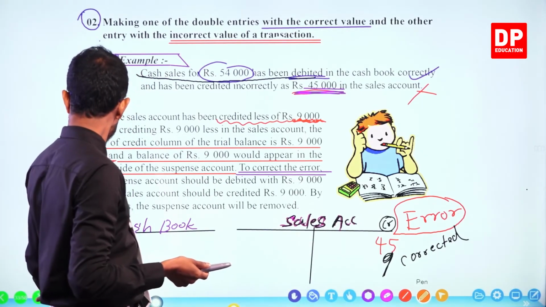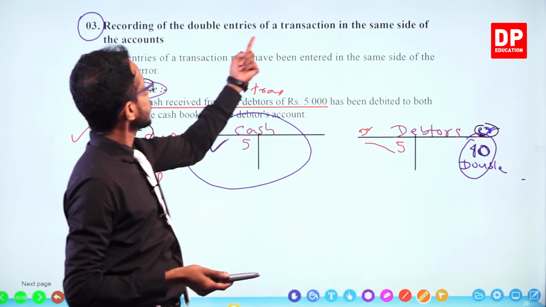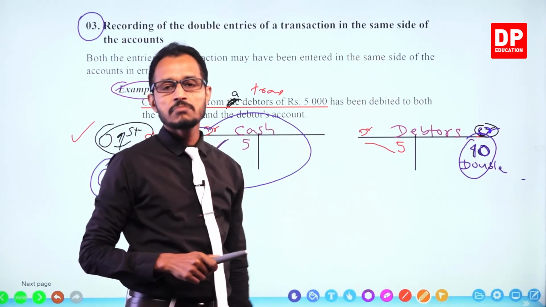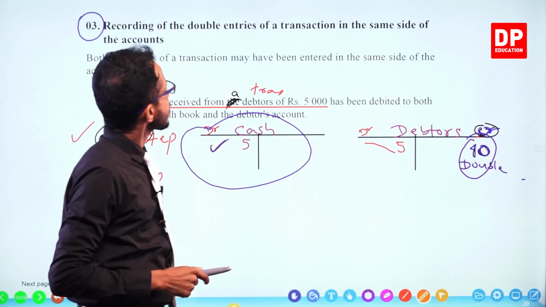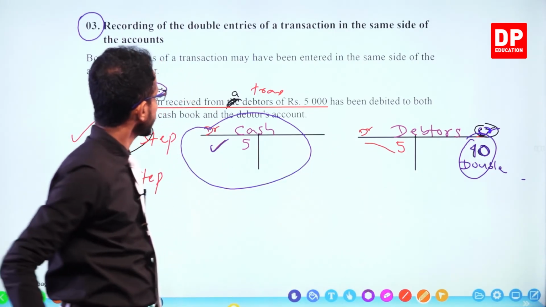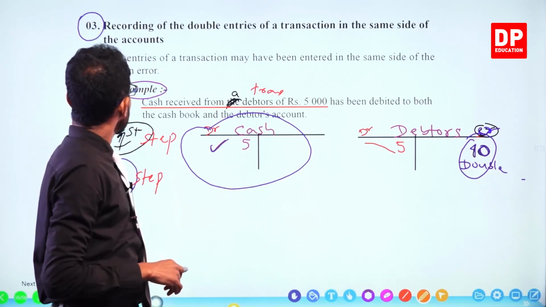And the third error is this: recording both entries in the same side of both accounts. We did that in a very descriptive manner.